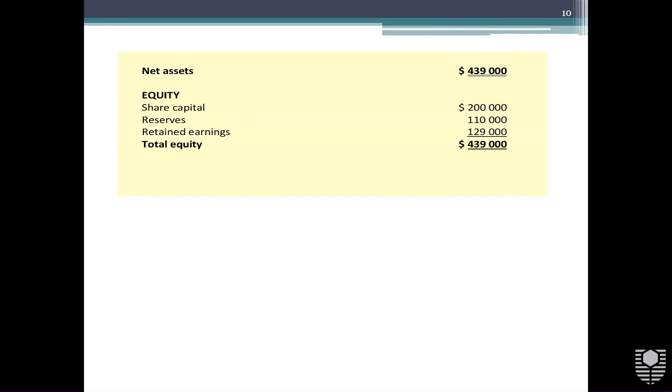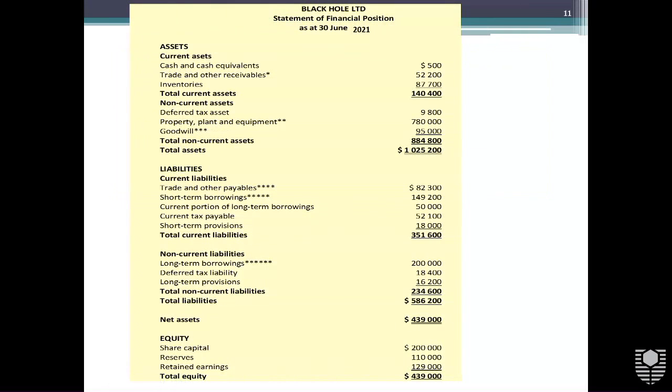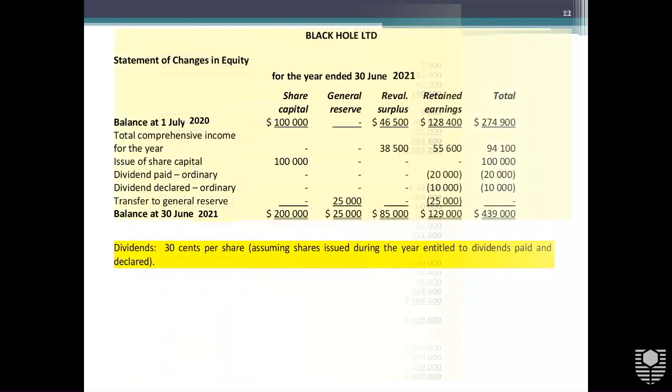Any devaluation or any revaluation must be matched against any previous revaluations or devaluations. You can't just keep doing it, you have to match it against previous ones. So we've pretty much ticked everything off. There's your full balance sheet. It balances to the 439.